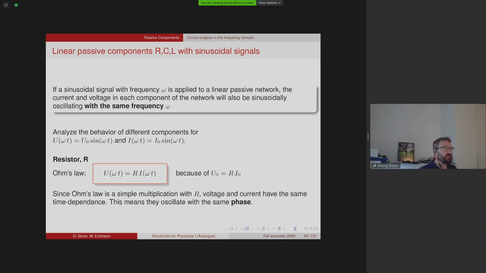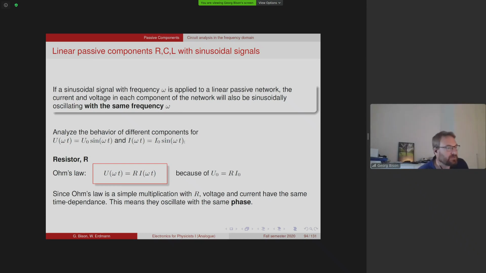If a sinusoidal signal with frequency omega is applied to the linear passive network, the current and voltage in each component of the network will also be sinusoidally oscillating with the same frequency. So this is a really important statement because it allows us to treat all the frequencies differently.